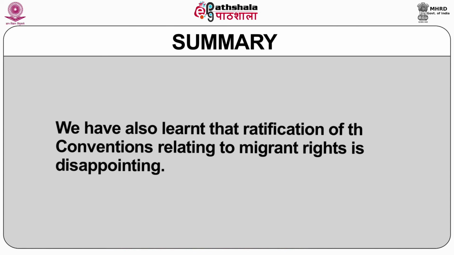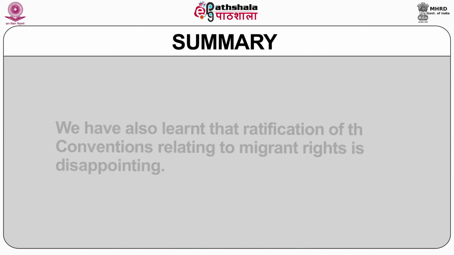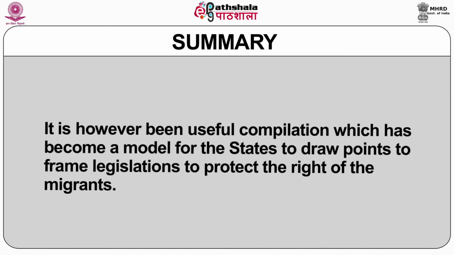We have also learned that ratification of the conventions related to migrant rights is disappointing. It's, however, been a useful compilation which has become a model for the states to draw points from to frame legislations to protect the rights of the migrants.